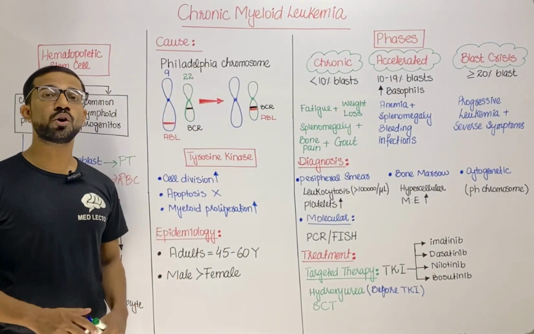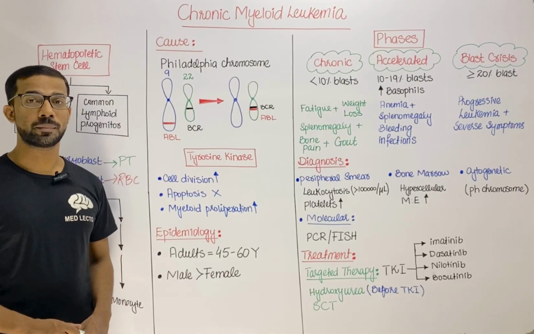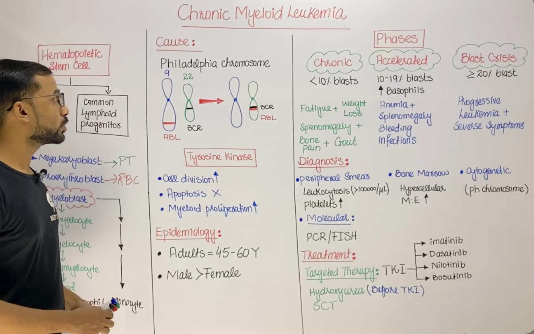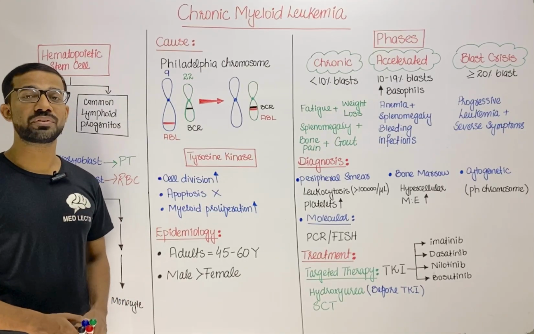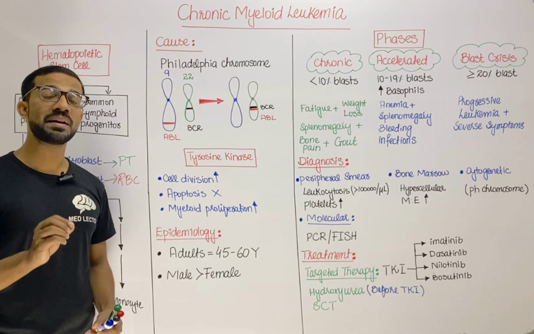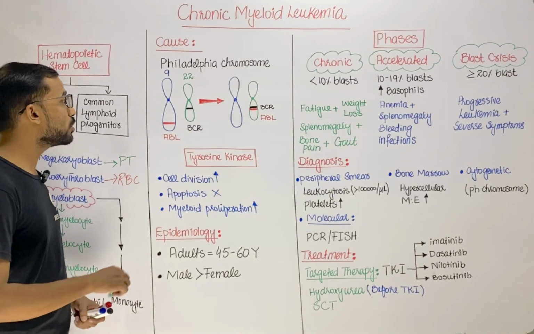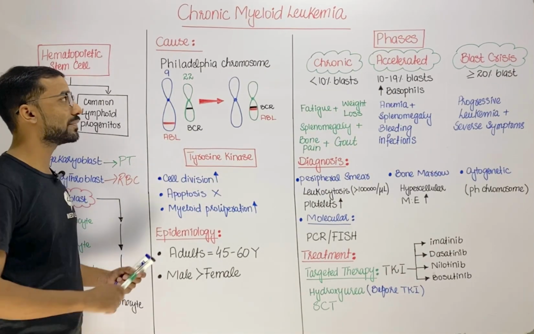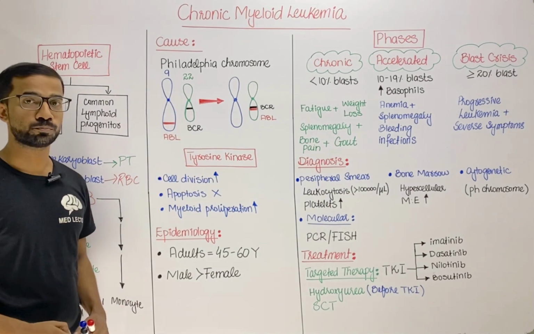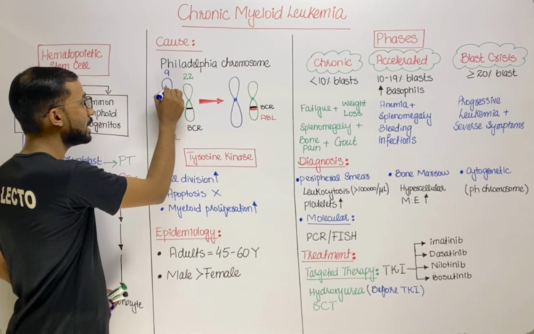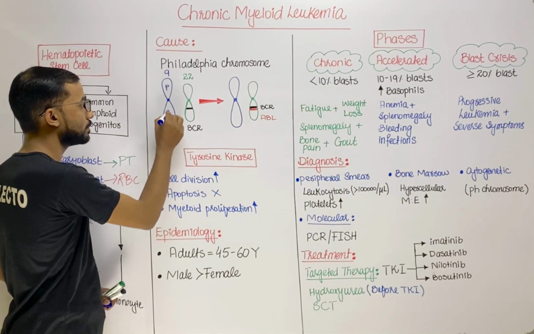Next, the cause of chronic myeloid leukemia. What genetic mutation will you see in this case? You have to understand the Philadelphia chromosome, which is the main reason for chronic myeloid leukemia. You have chromosome number 9 and chromosome number 22. A chromosome has two arms, the P arm and the Q arm.